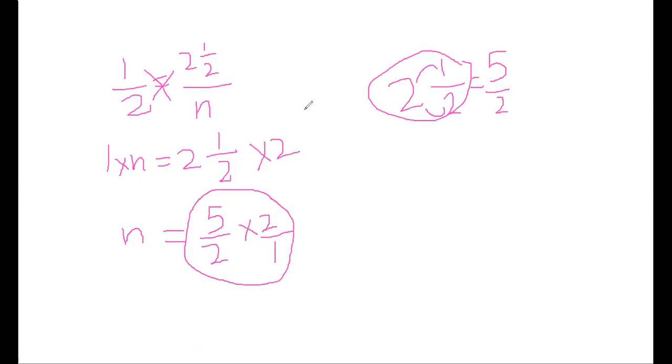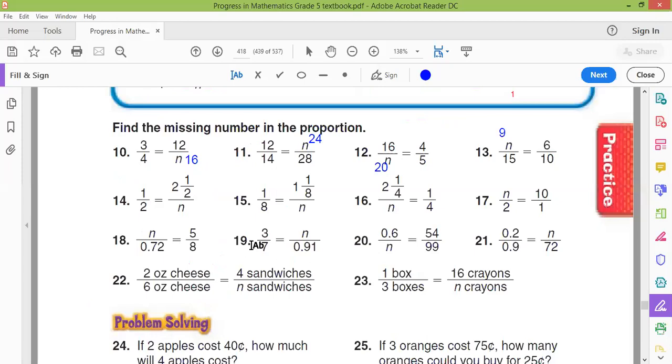You can cancel 2 with 2. So n is equal to 5, which means 5 times 1 is 5. So the value of n is 5. Write the answer 5. Okay. Thank you, teacher.